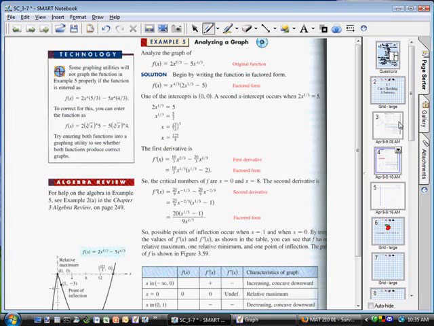Well, wouldn't 0 work? Because what happens when you take 0 to any power? 0. And 0 times 2 is 0, and 0 to any power is 0, and 0 times 5 is 0, and 0 minus 0 is 0. So the point (0, 0) appears to be on our graph. That's important. So we got an intercept.